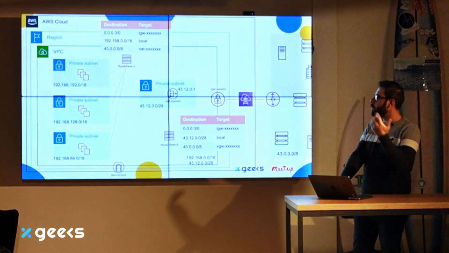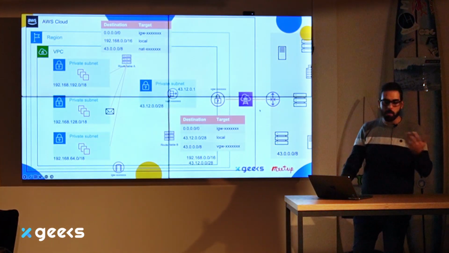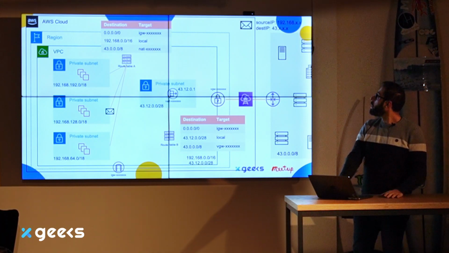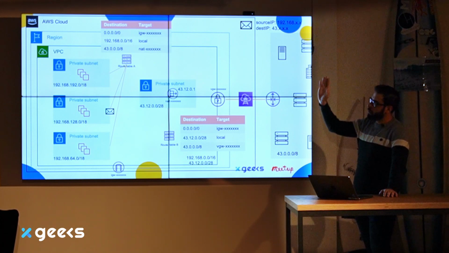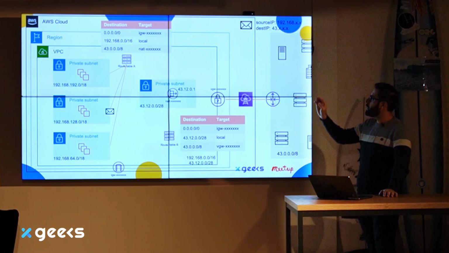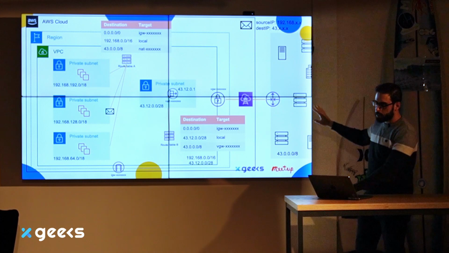So now if we go back to the same example, this is the package at the beginning. The source IP comes from one of my resources. The destination IP is one of my client's servers.